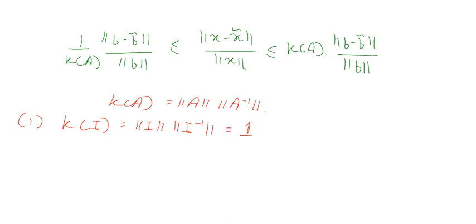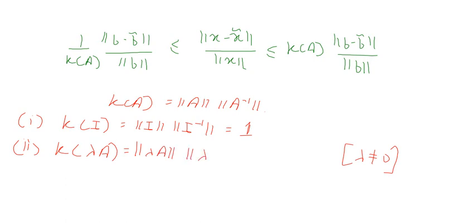Right. Second property, K of lambda times A, where lambda is non-zero, is equal to norm of lambda A times norm of lambda A inverse.